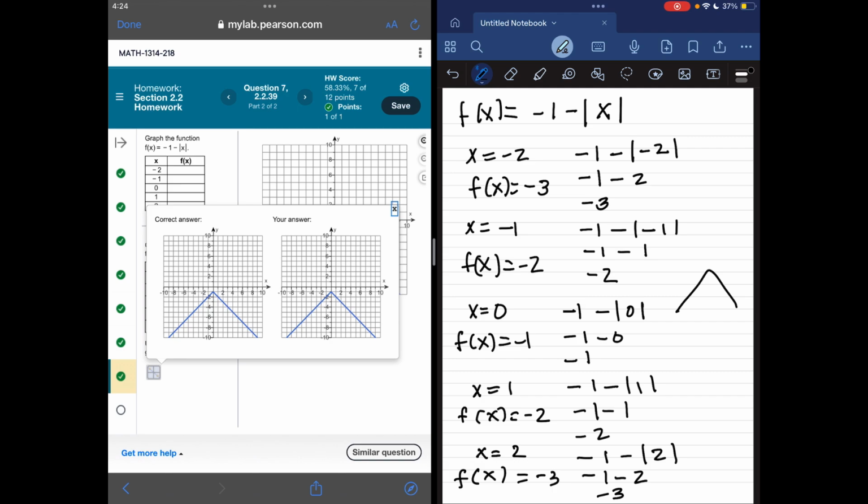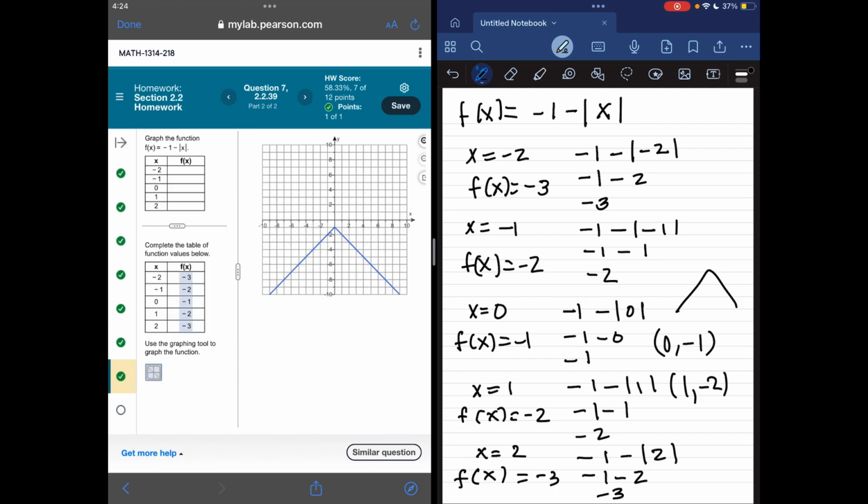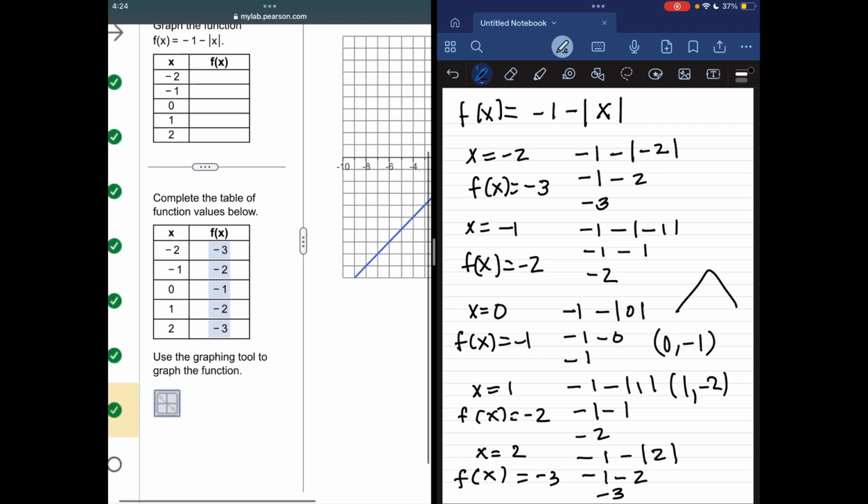The vertex is the center point. In this case, it's going to be 0, negative 1, and then choose a second point. I chose 1, negative 2. I got these points from the work, and they're also the same points that are on the table there.